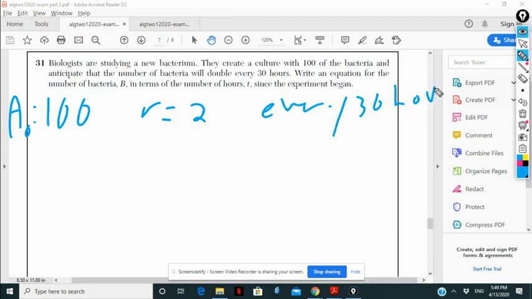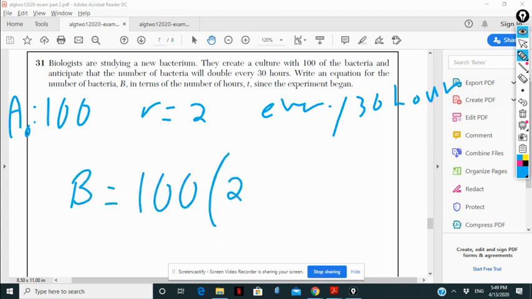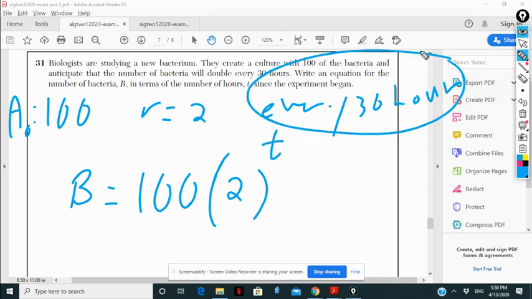So B equal to 100 times 2, but I can't write here time in hours because it's related to the series, so I have to divide by 30 to see how far it is from the series. Okay, so that's the equation.